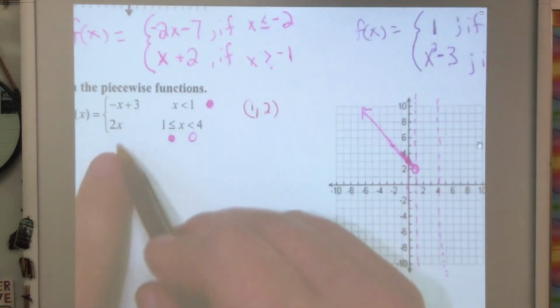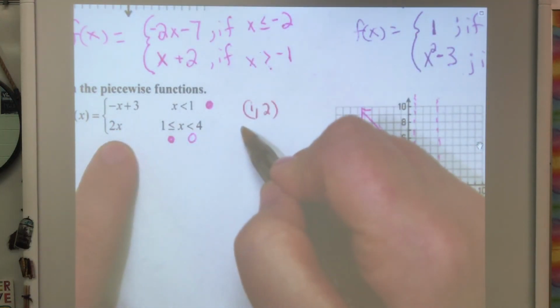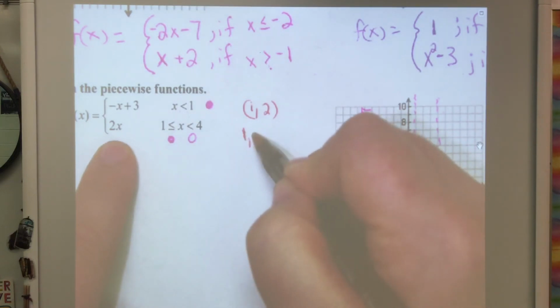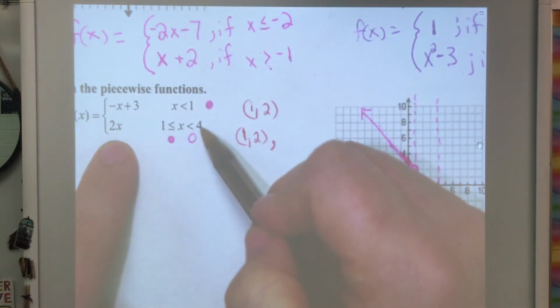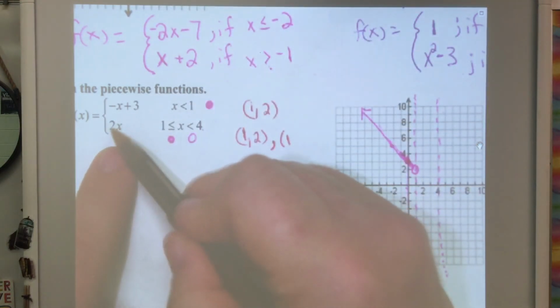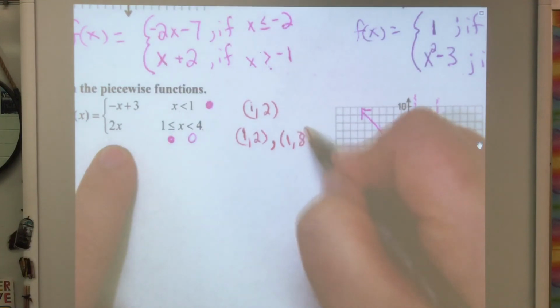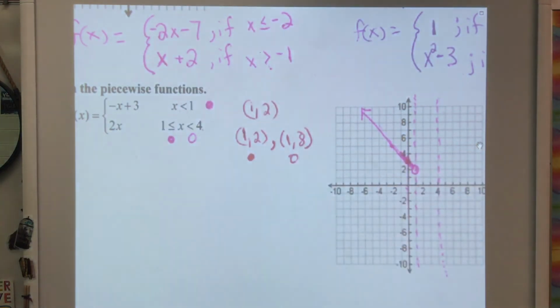Okay, I can do that with this one too. If I plugged in 1 for 2x, that would be 1, 2 again. And if I plugged in 4, I'd have 2 times 4 is 8. And this one would be a closed circle, and this one would be an open circle.